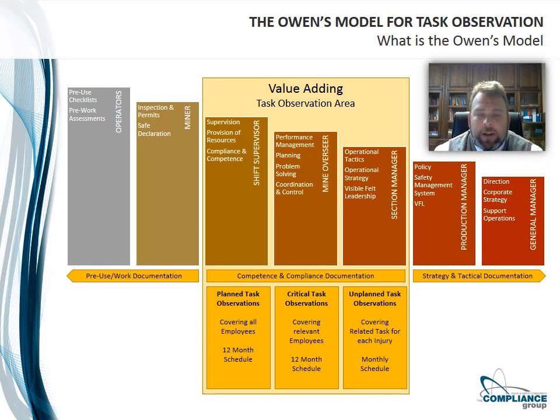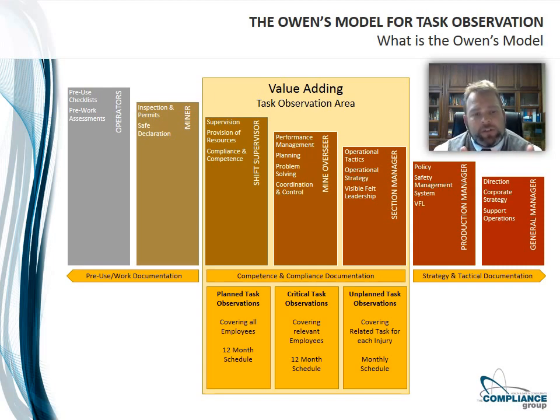If they do this correctly, they add value to the business. The section that remains in the middle, shift supervisor, mine overseer, and section manager, is the value adding area where if these people in these roles do the task observation process properly, we will get the most value from this level.